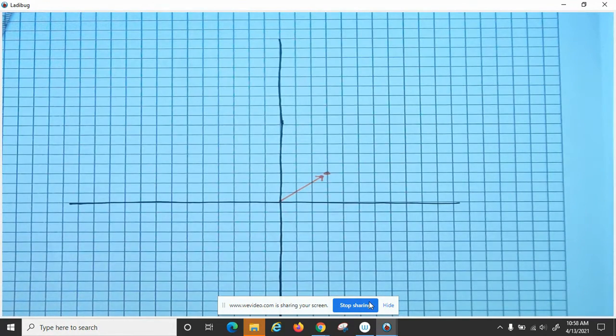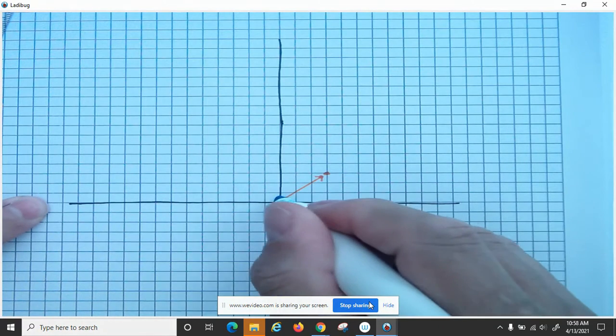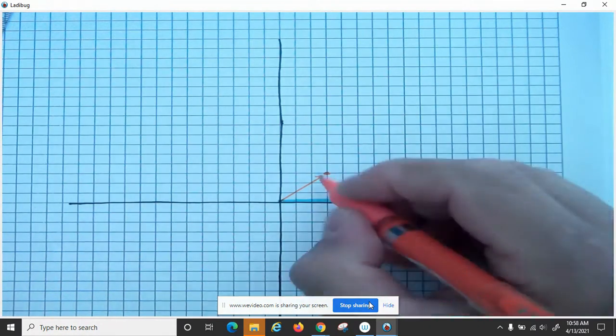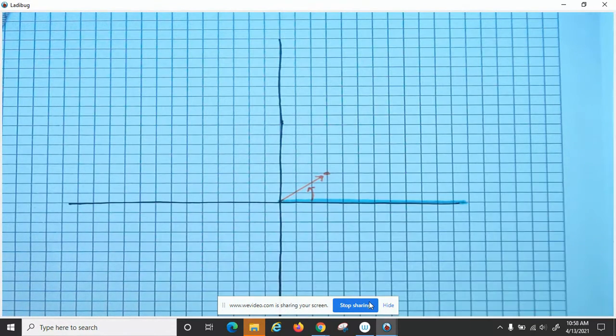I want to find the direction angle created by the positive part of the x-axis and that vector. Remember, the positive part of the x-axis is right here. So I want to know what is the angle measure here.